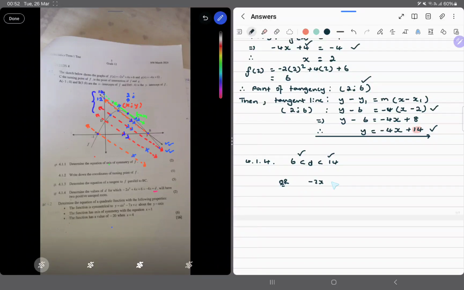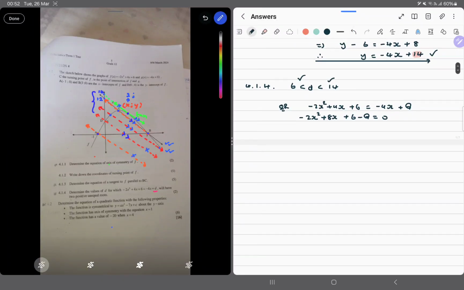So you can say minus 2x squared plus 4x plus 6 is equal to minus 4x plus d. Then we write this in standard format: 2x squared plus 8x plus 6 minus d is equal to 0. Right, and then we do the discriminant here.